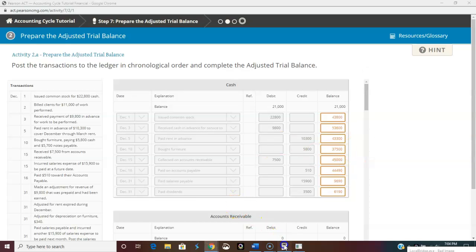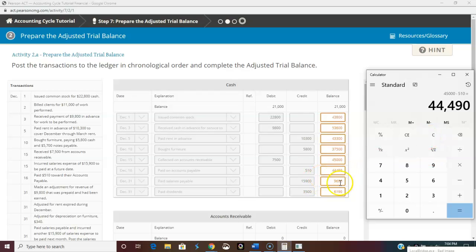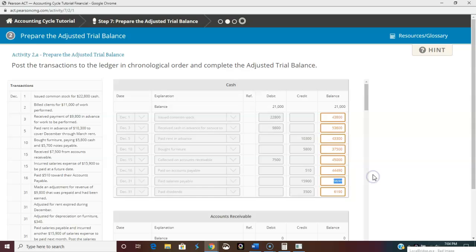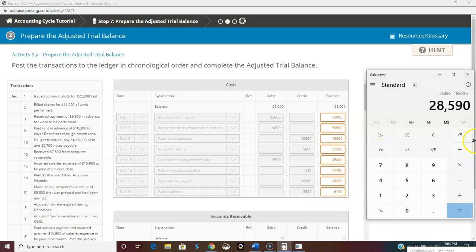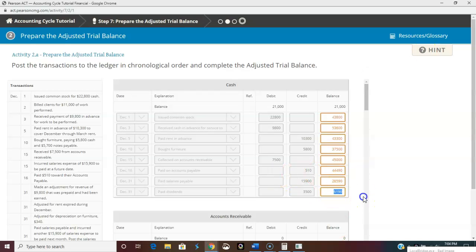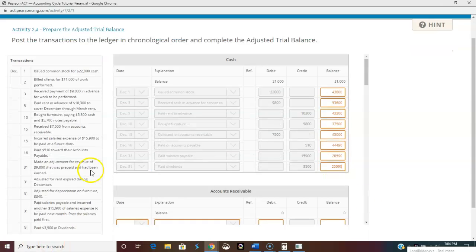I don't think that's right. Okay. Minus 15,900. 28,590. And minus 3,500. 25,090. Let's check and see if that's right.